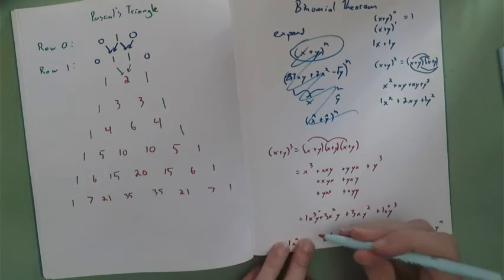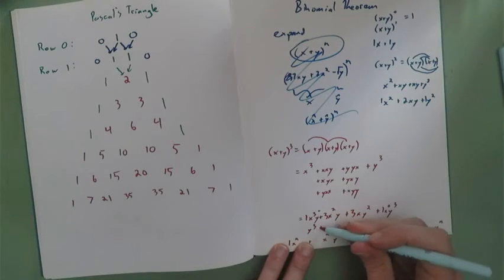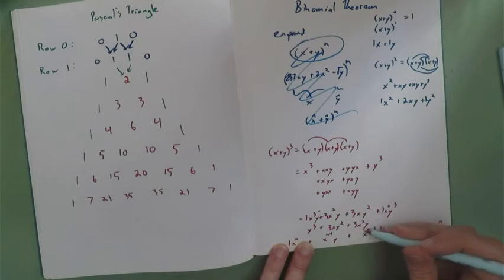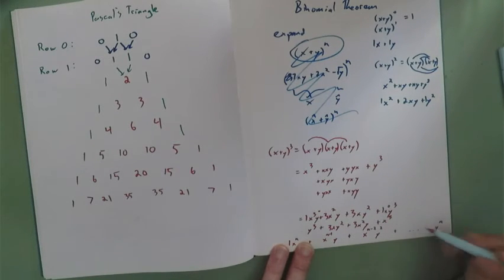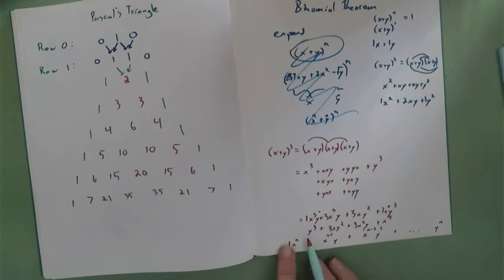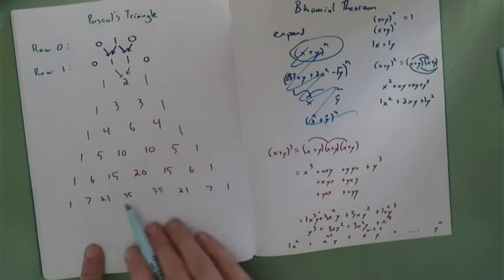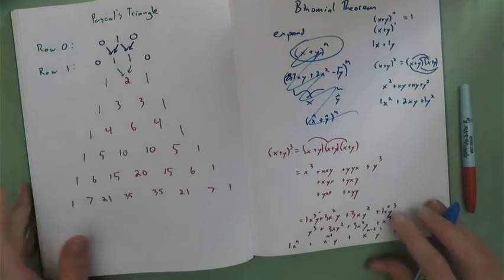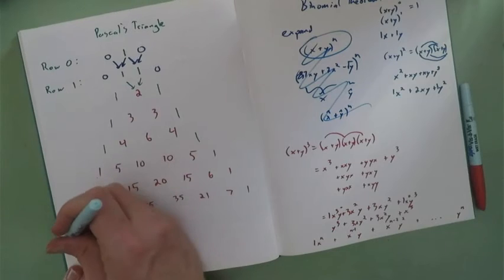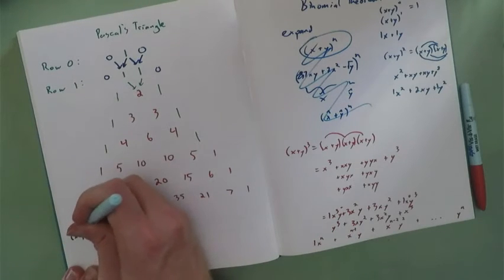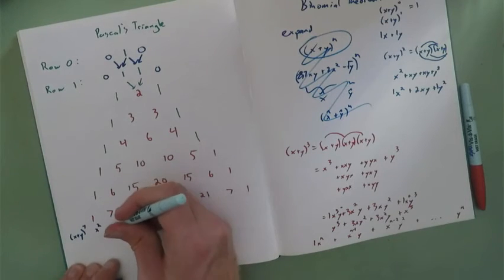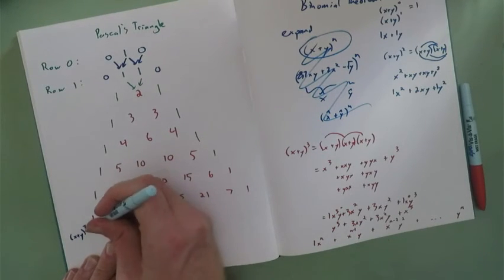Now, it doesn't matter here if I'd called this y cubed plus 3xy squared plus 3x squared y plus x cubed. Again, the order doesn't matter, but having an order is going to be useful if we're thinking about terms down here. And so if we want to say, what do we get for x plus y to the power of 7, we're going to have an x to the 7. Sorry, not x squared. I don't know why I'm putting the squared out there all the time.